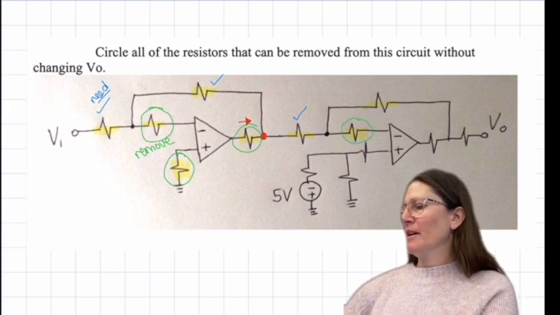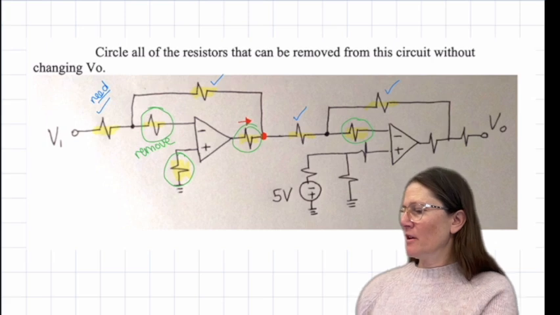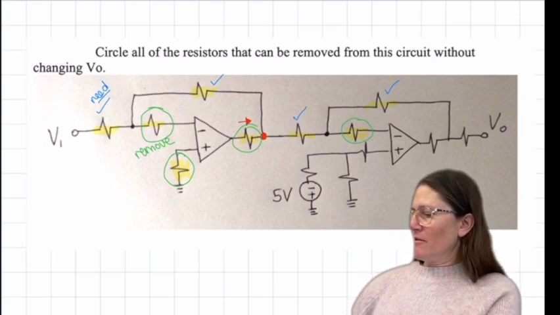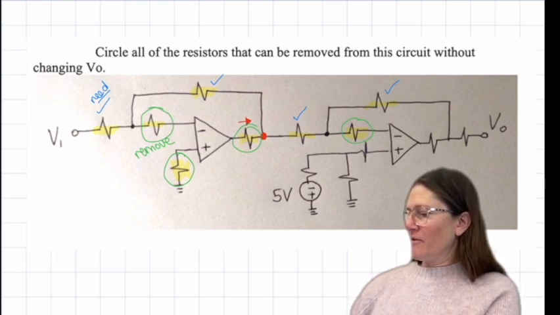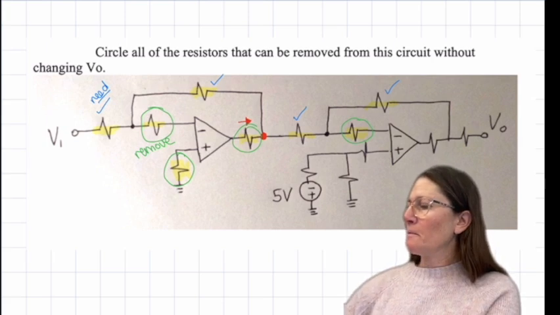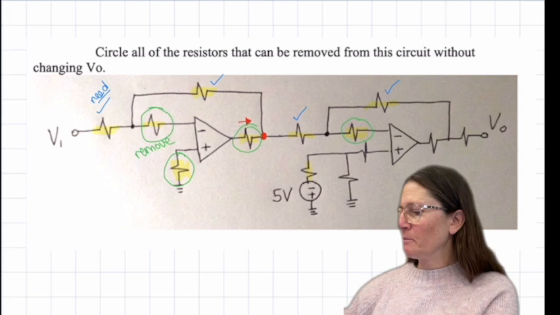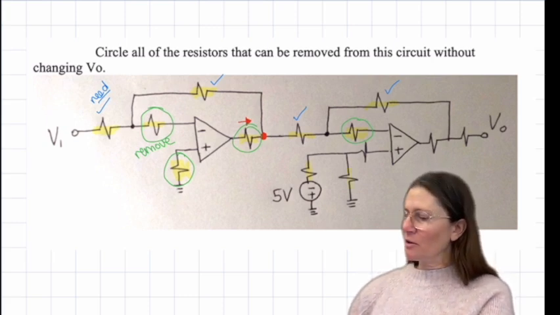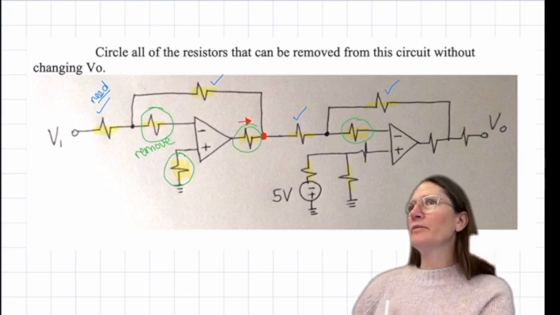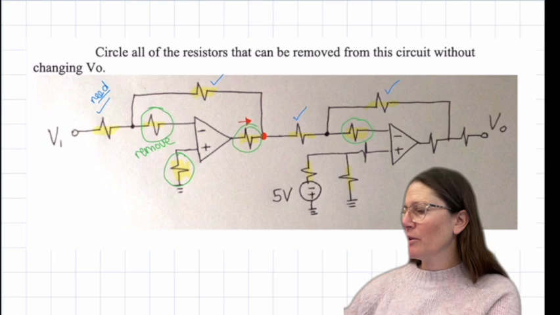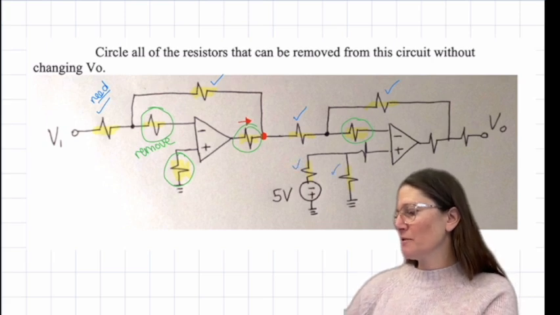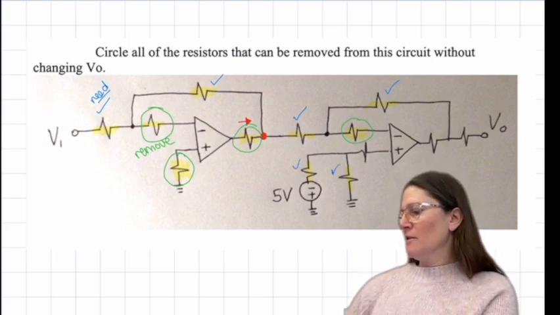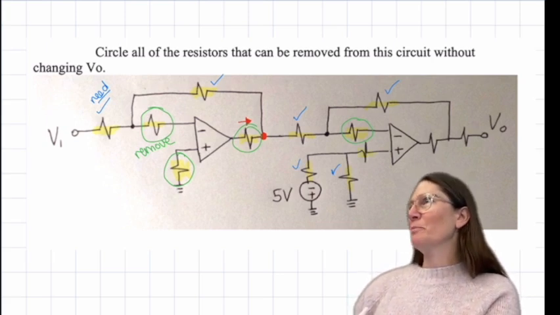Yes, you need it. Okay, what about this one? You need it because that's creating a divider with this one, correct? So you need both of those. Otherwise, your signal would be different. What about this one? No.